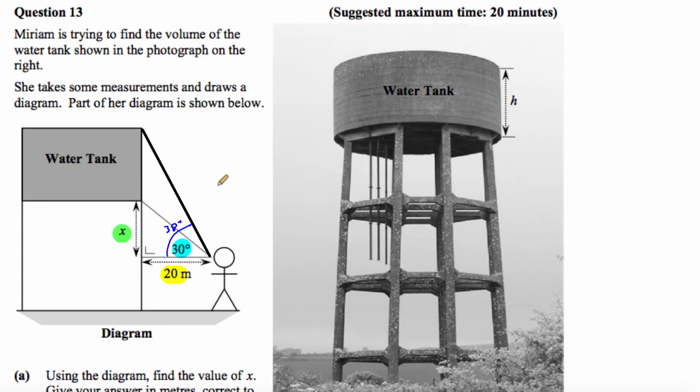Now we're asked to find h, which is the height of the tank. So h is this part here. If we look at the big triangle here, you've got an angle of 38 degrees, you've got an adjacent of 20, and you've got this big opposite length here, x plus h, but we know x, so we're going to be able to use that to find h. So I'm going to set this up on the other page.